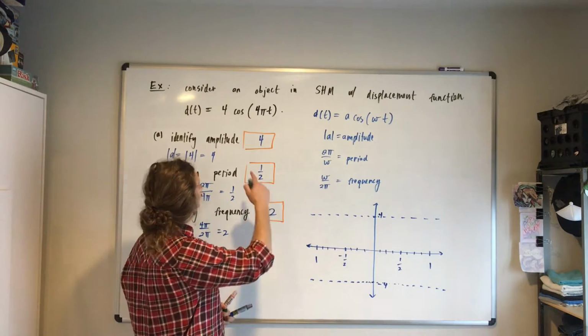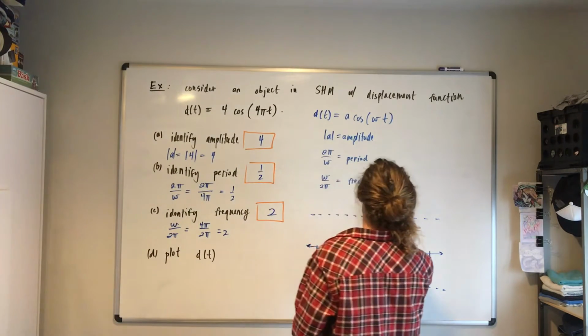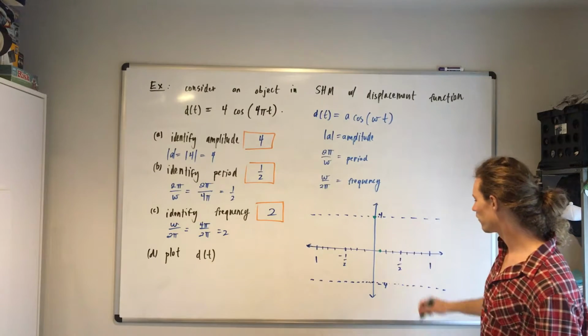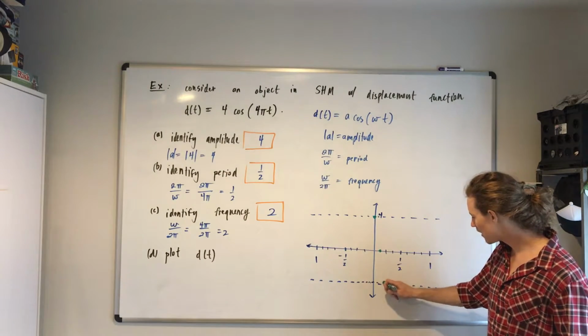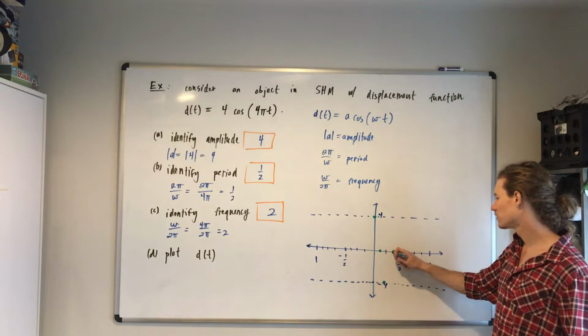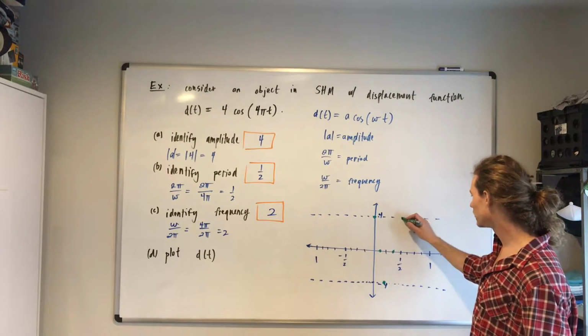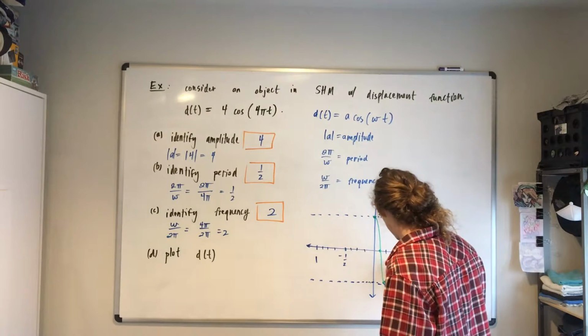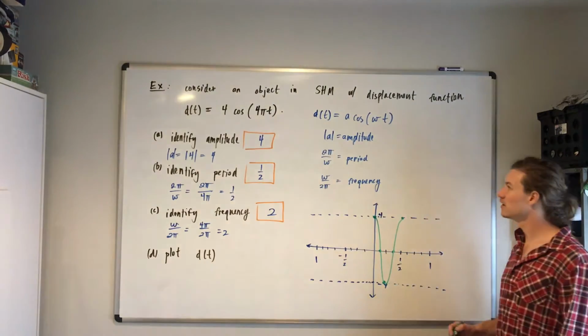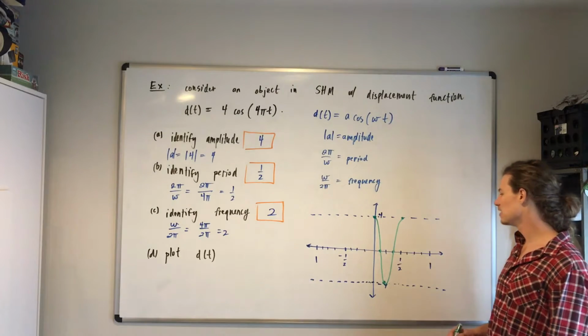Since we have a cosine function, we'll start at a maximum value. Cosine takes an equilibrium value a quarter of the way through its period, a minimum halfway, equilibrium 3/4 of the way in, and returns to a maximum position at the end of its period. So here's 1 period of 4 cosine of 4 pi t.